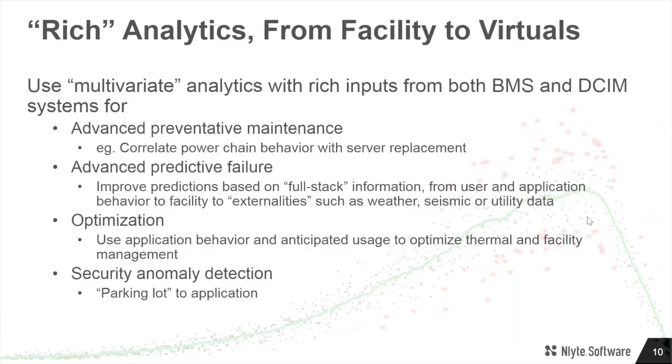So having a full set of inputs that we can then apply analytics to will help us to better detect security anomalies. You probably have seen from the different AI vendors, be it IBM or Google or others, security anomaly detection is a key area. And what we are seeing is that being applied very specifically to data centers.